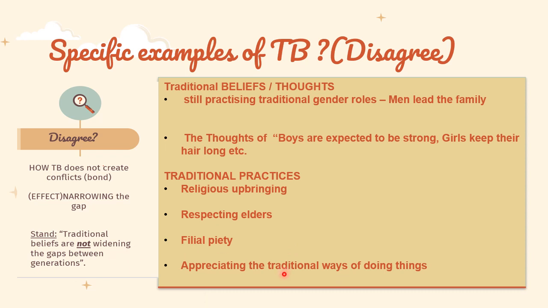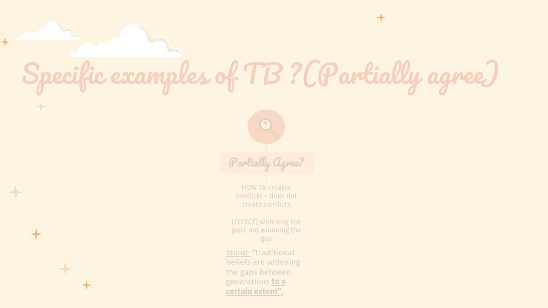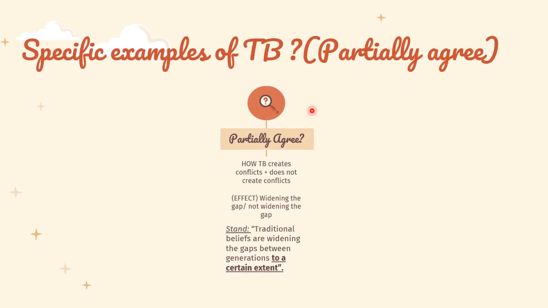And then also you could mention other traditional ways of doing things, and the young generation could appreciate it still. So this is about tightening the bond. Traditional beliefs tightening the bond between the young and old generation. What would be the possible examples? And if you partially agree, exactly, it is a mixed stand.